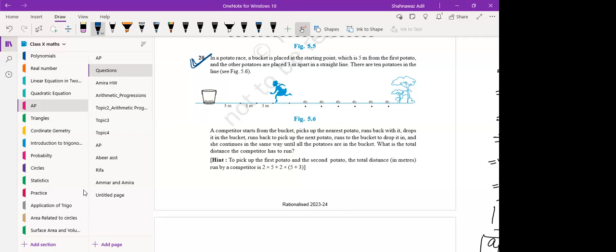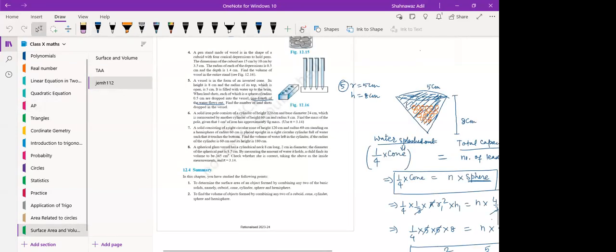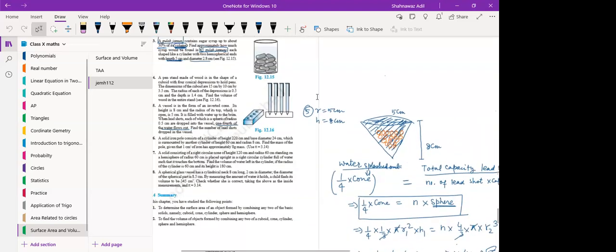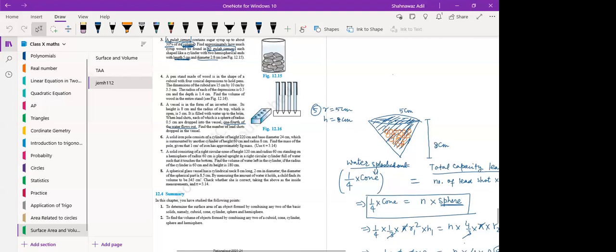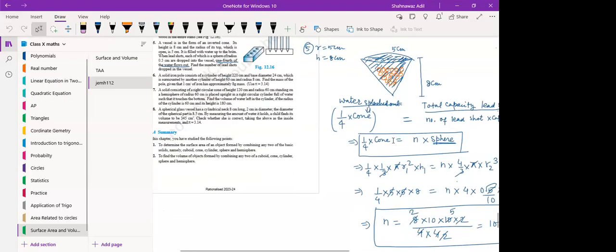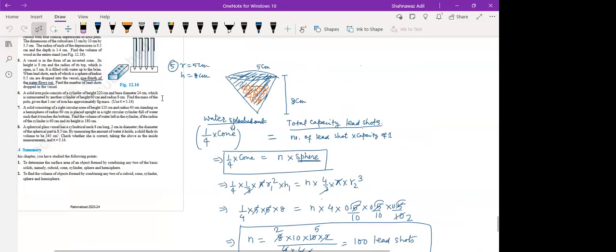The same one that we did yesterday? Yes, sir, but the question was different. They changed the numbers. They changed the 2 by 3 of the volume of water that flows out, and they changed the radius also. So the concept is the same, right? Yes, sir, but it takes a lot of time to calculate.